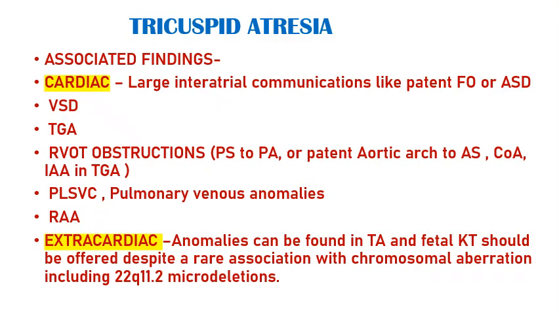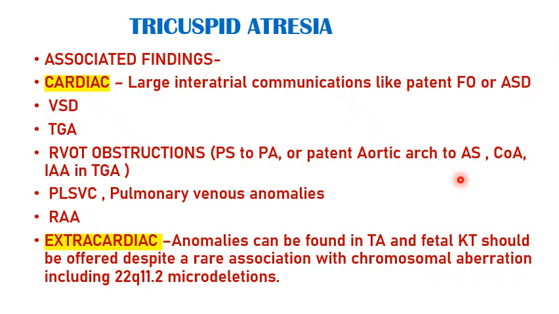Associated findings in tricuspid atresia are cardiac, like a large interatrial communication like patent foramen ovale or atrial septal defect, VSD, TGA, RVOT obstructions from pulmonary stenosis to pulmonary atresia, or aortic causes from aortic stenosis, coarctation of aorta, interrupted aortic arch in TGA, persistent left superior vena cava, and pulmonary venous anomalies.